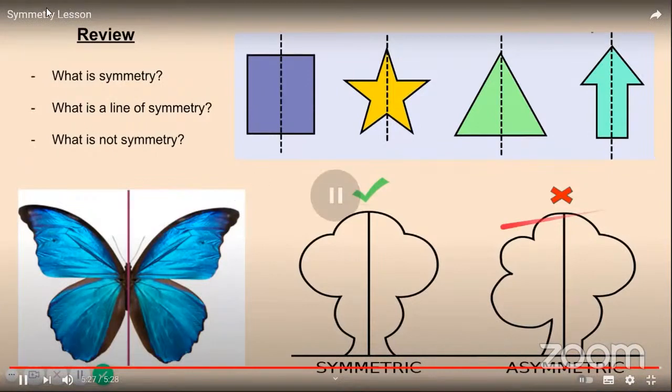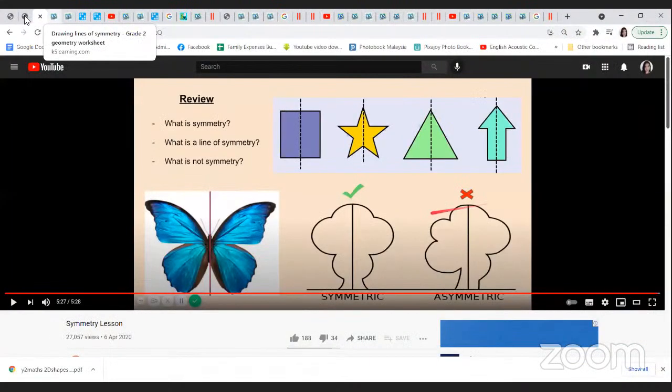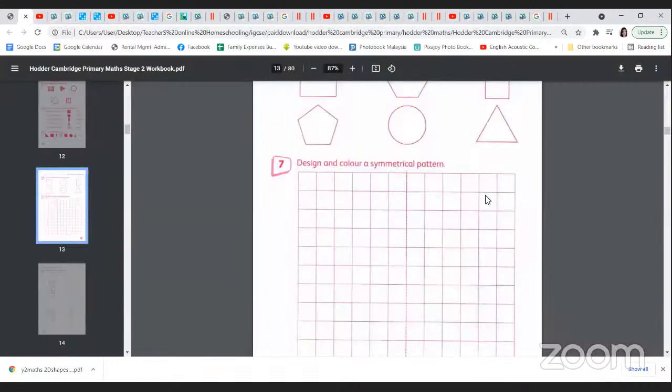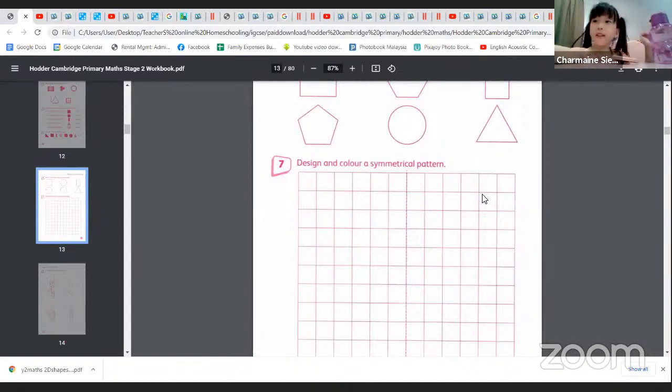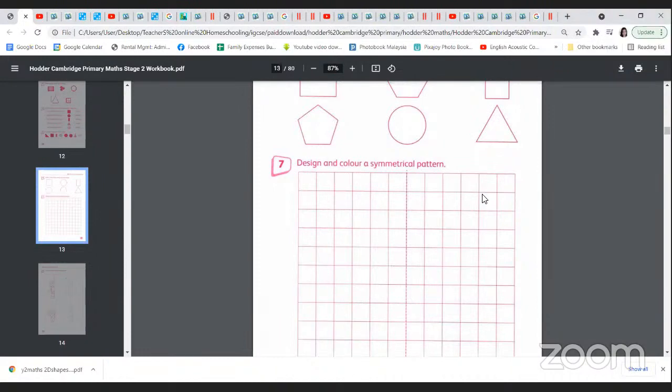Okay, can everyone look around you? Do you see anything which is symmetrical? Bring something symmetrical. Very good. Yes, Jane has a symmetrical scissors. Your cup is symmetrical. Fantastic. How about Aiden and Charmaine? Very good. The phone is symmetrical.